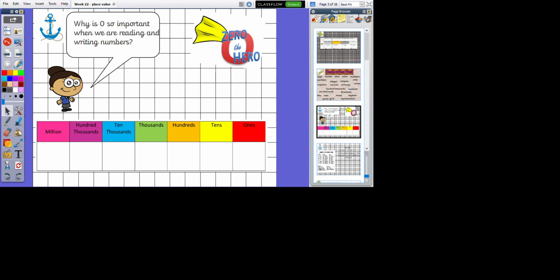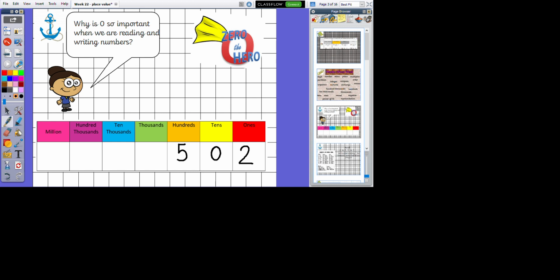And this girl asks us, why is 0 so important when we are reading and writing numbers? So we're talking about 0 as the placeholder. So let me write a number in our place value grid. So there I have the value 502.